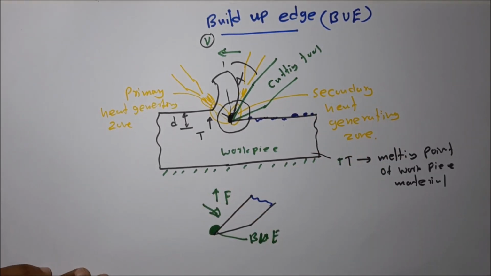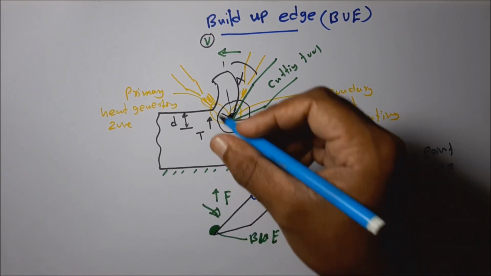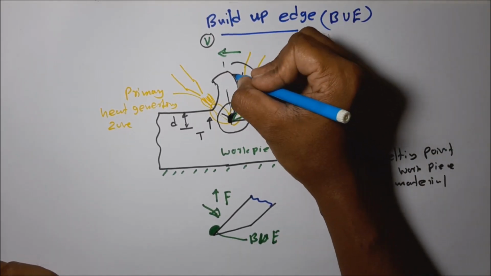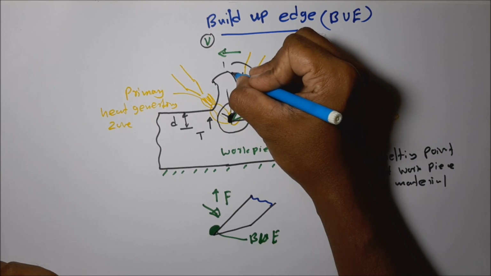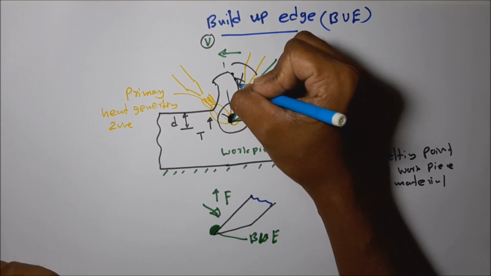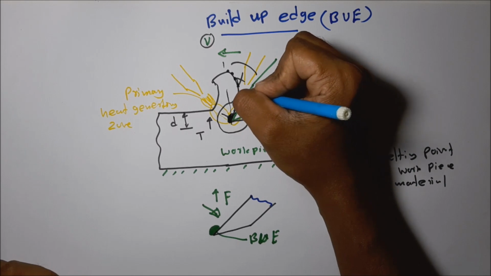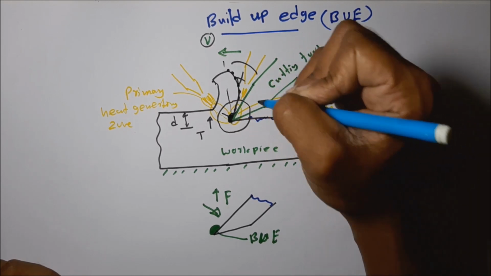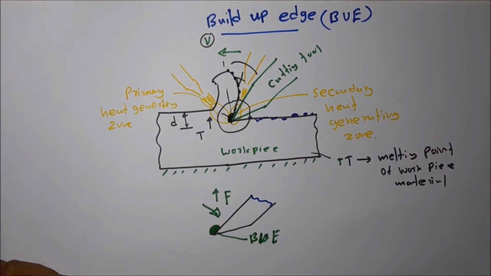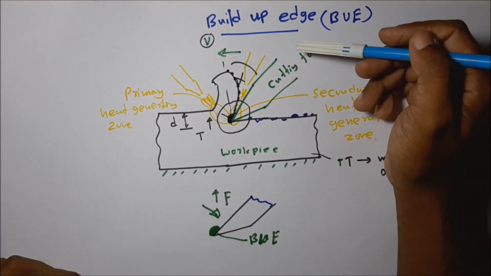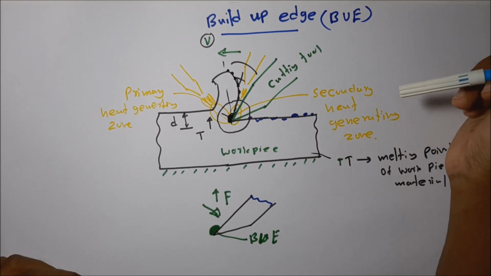We can identify the generation of built-up edge by closely observing the removing chip. You can identify metal deposit on the bottom surface of the chip. In that way, we can identify that built-up edge is going to develop, and we have to take quick action to avoid its development.